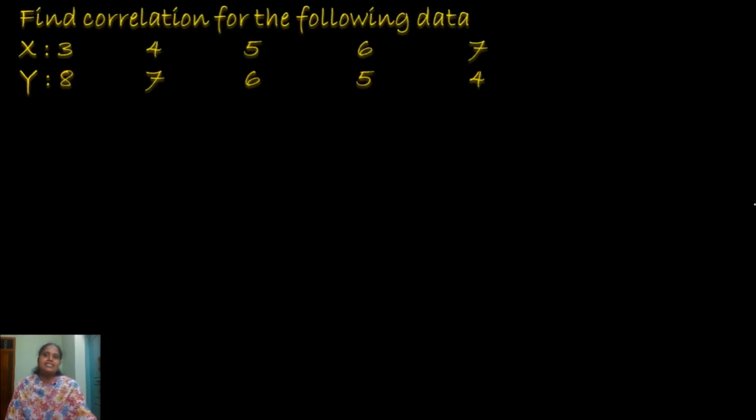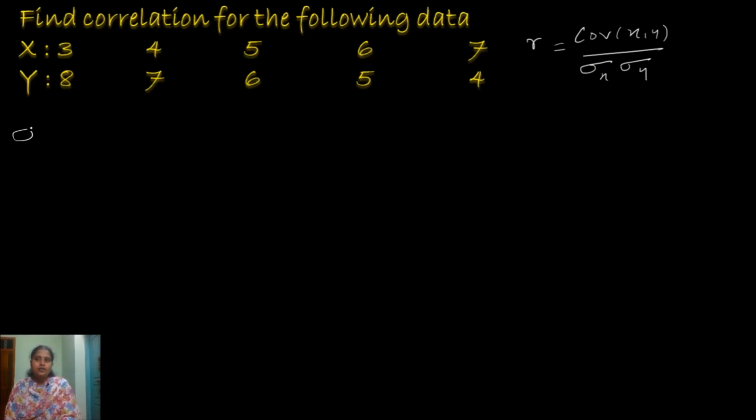Let me take the same problem that we have discussed under covariance. Find correlation for the following data. The formula for calculating correlation is r is equal to covariance of x comma y over standard deviation of x into standard deviation of y.